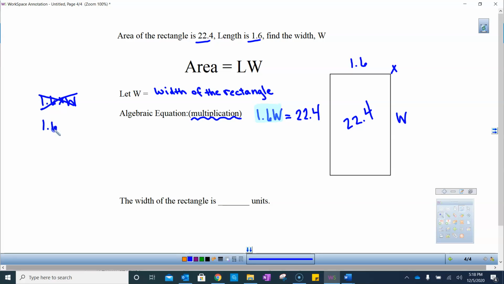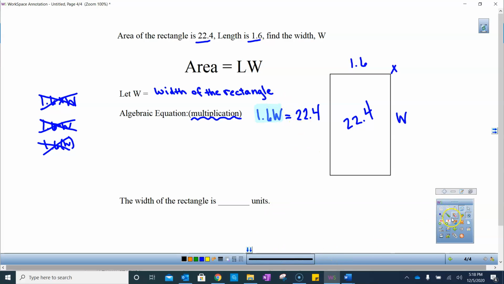We don't even put a dot in between them. We don't even use parentheses. We use those when we're dealing with numbers that are being multiplied together. But when you have a coefficient and a variable, you simply write it as 1.6W. And that equals 22.4.